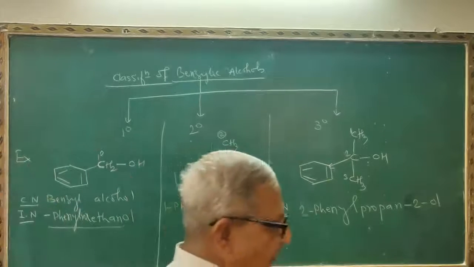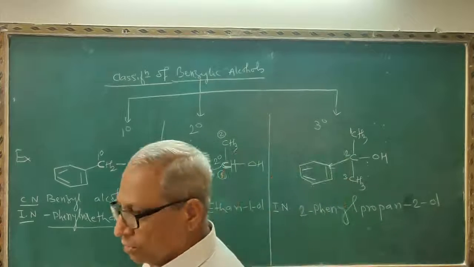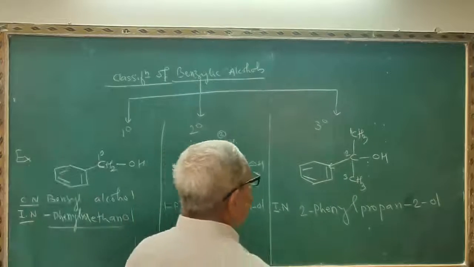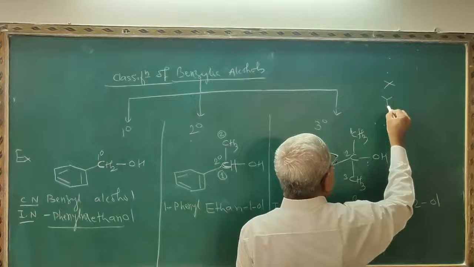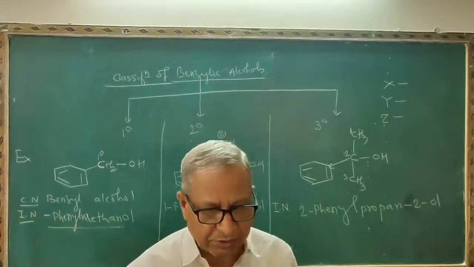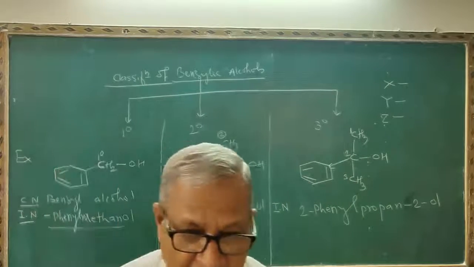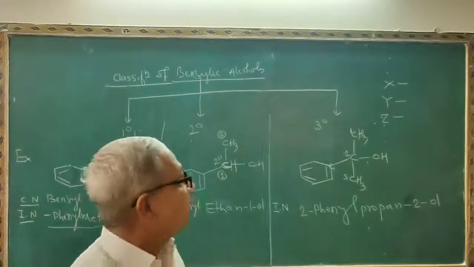So, we completed the classification of benzylic alcohols. So, we completed parts X, Y, and Z. X is aliphatic alcohols, Y is allylic alcohols, Z is benzylic alcohols.